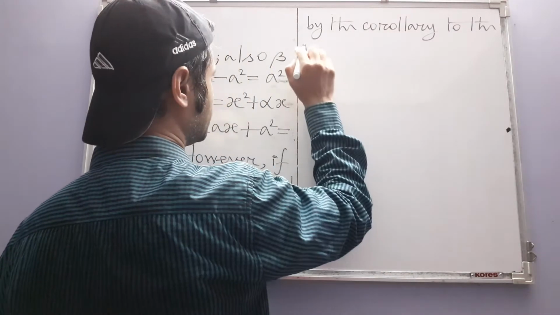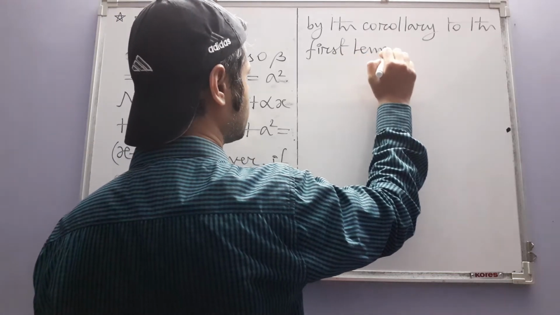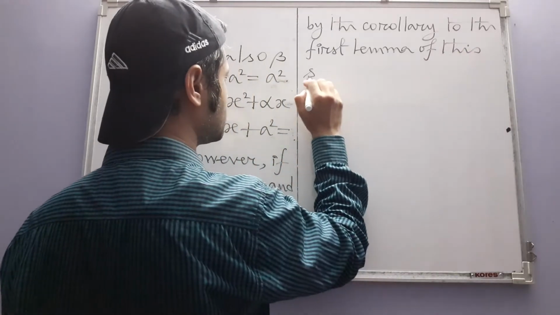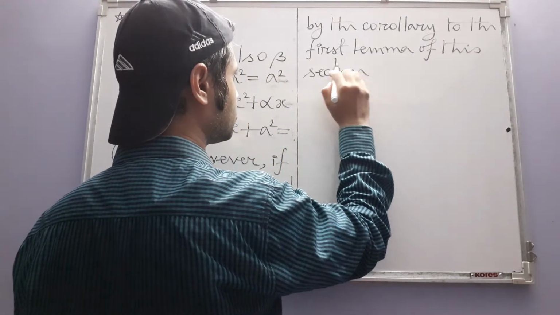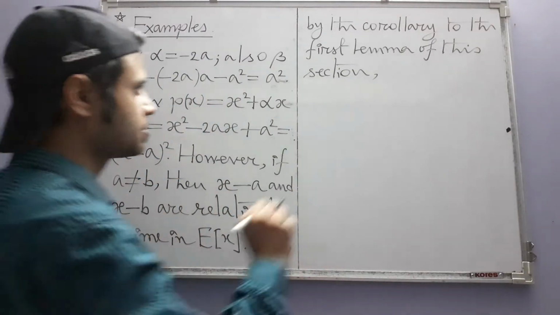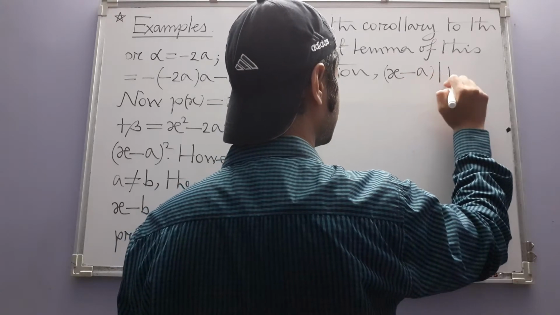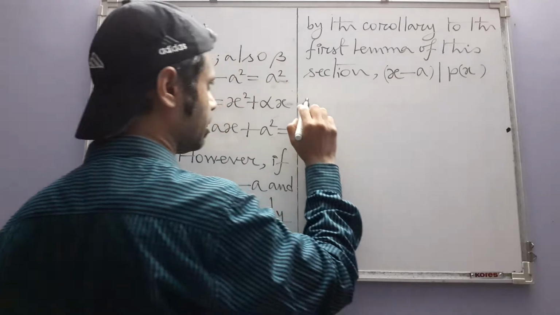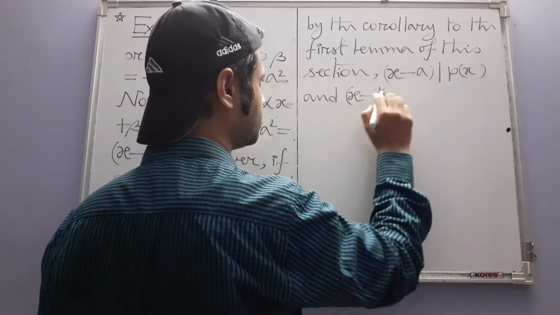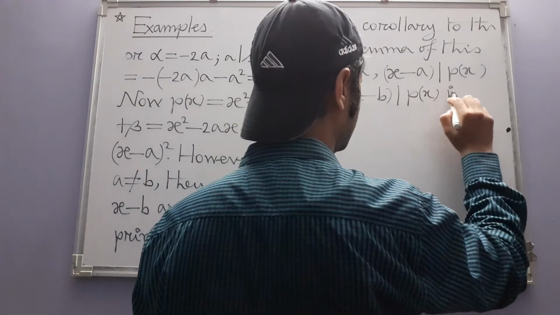By the corollary to the first lemma of this section, because A and B are both roots of Px, x minus A divides Px and x minus B also divides Px in Ex.